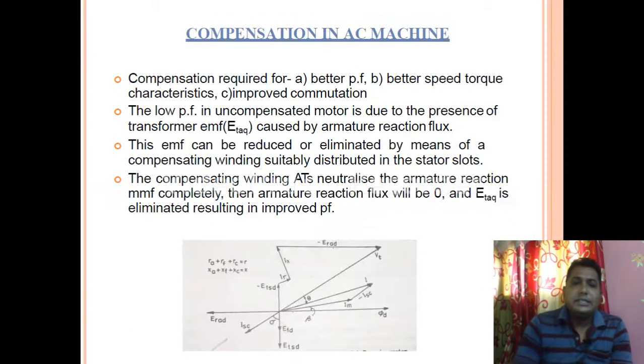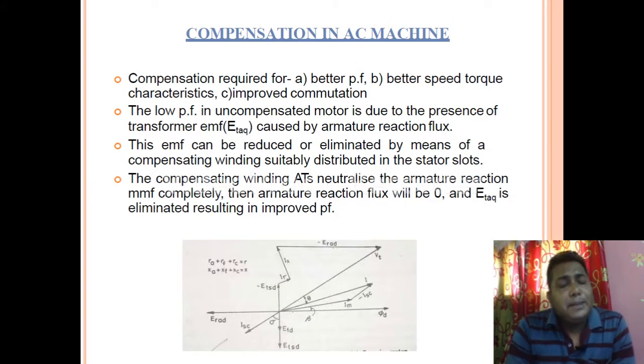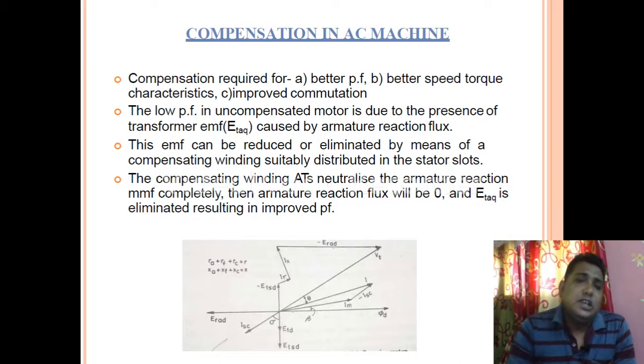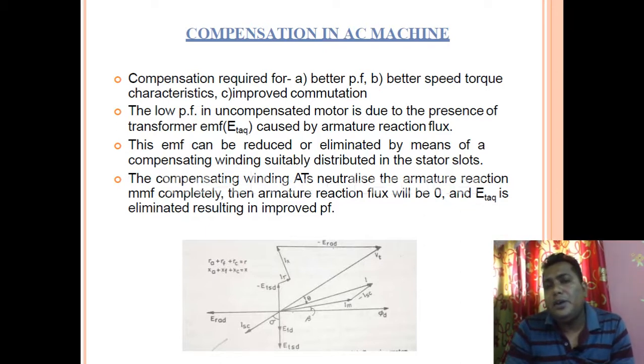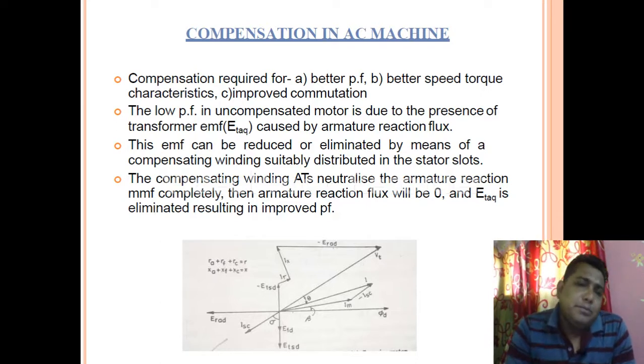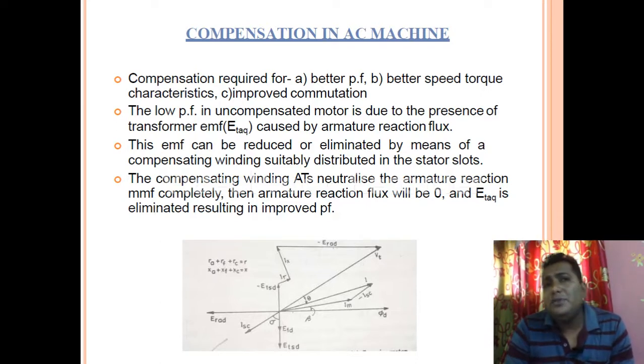Next, commutation in AC machine. Compensation is required for better power factor, better speed torque characteristics and improved commutation. These are the advantages we can get if we use proper commutation for a series motor. In the case of a universal motor we have seen that we can apply a DC or AC source for starting the machine.